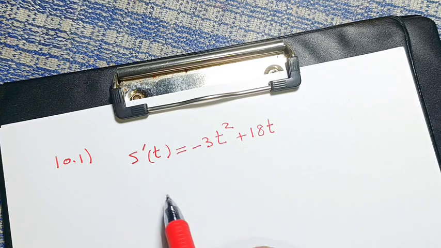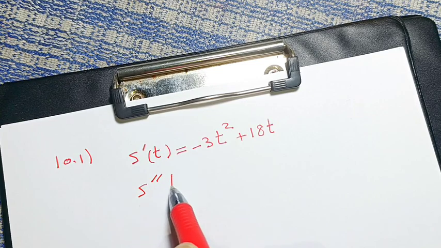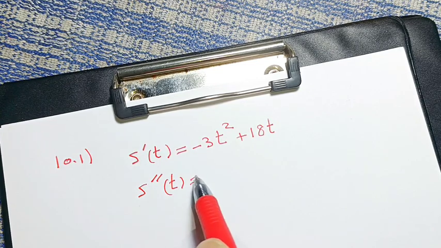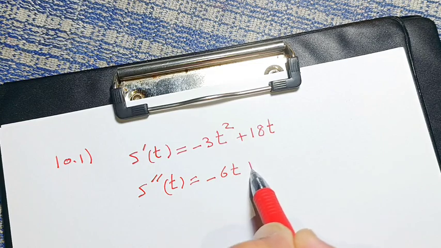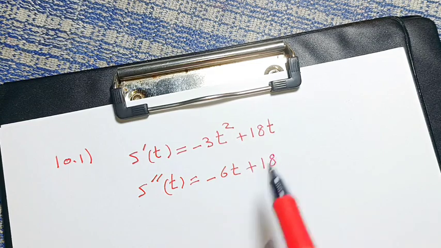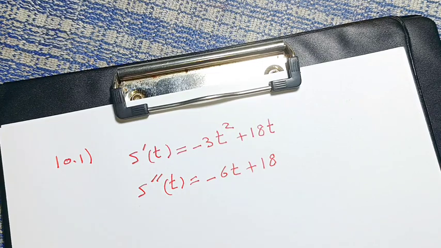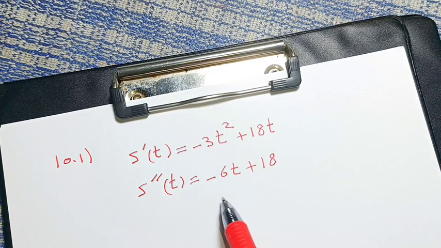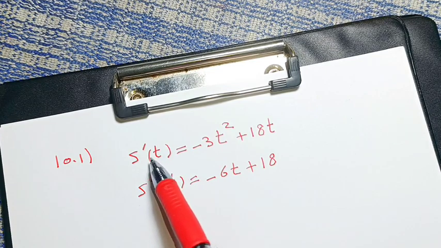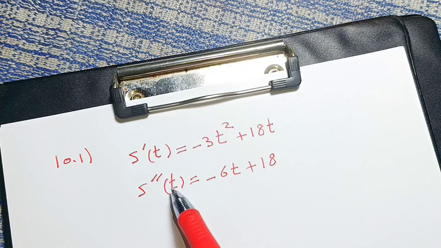So I'm going to take the derivative of this function, which is going to be a second derivative, of course: negative 6t plus 18. This is the first derivative, but it's the second derivative because we're taking the derivative of the derivative.